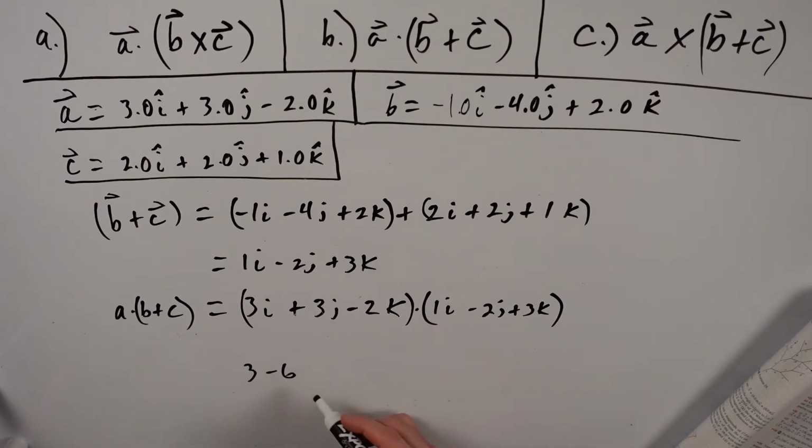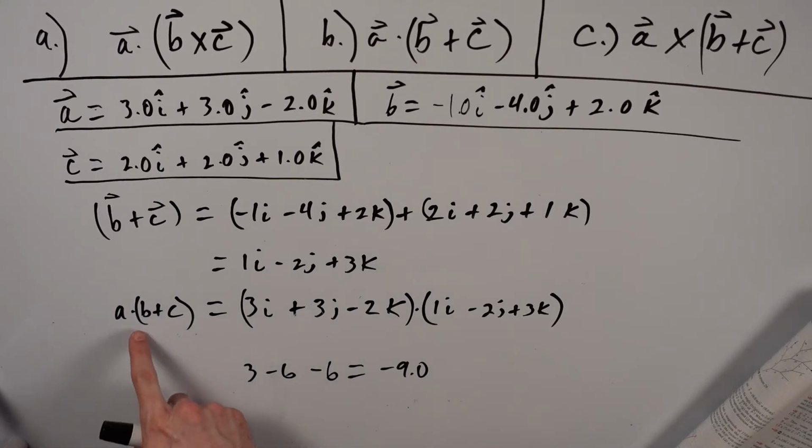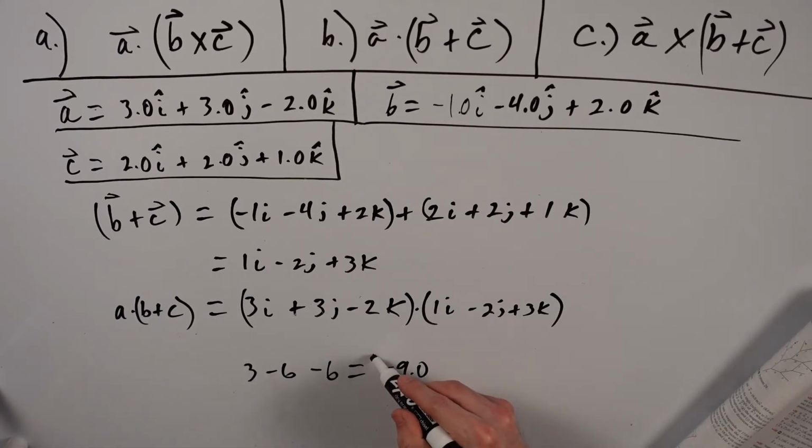Then you get negative 2, you get another negative 6. So we just end with negative 9, and even I forgot to add that 0.0 to make it accurate there. And that is part B, so that is A dot B plus C.